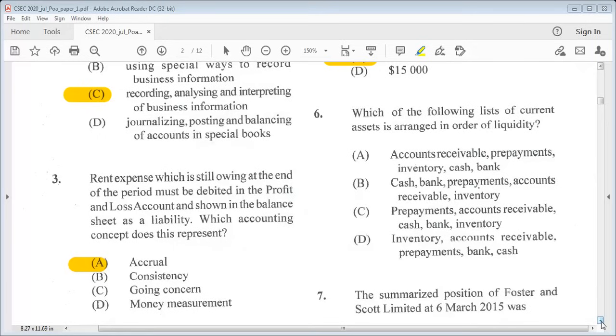And those that take a longer period of time would be listed at the end. So we know the order of liquidity would begin with cash. So B, right away we realize that all the others do not begin with cash, so B would be your answer. So we have cash, bank, prepayments, accounts receivable, then inventory.